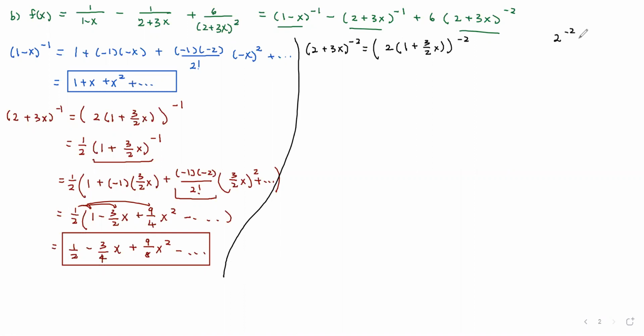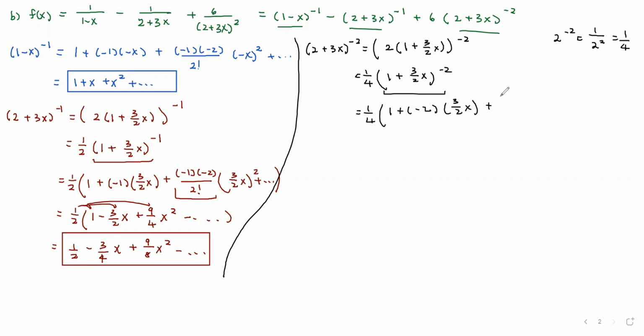So 2 to the negative 2 is 1 over 2 squared, which is 1 over 4. We have 1 over 4 times (1 plus 3 over 2 x) to the negative 2. We expand this part. That would be 1 plus negative 2 times 3 over 2 x, plus negative 2, negative 3 over 2 factorial, times (3 over 2 x) squared.